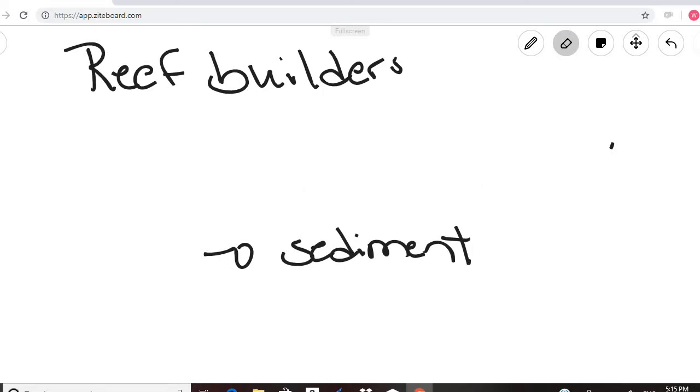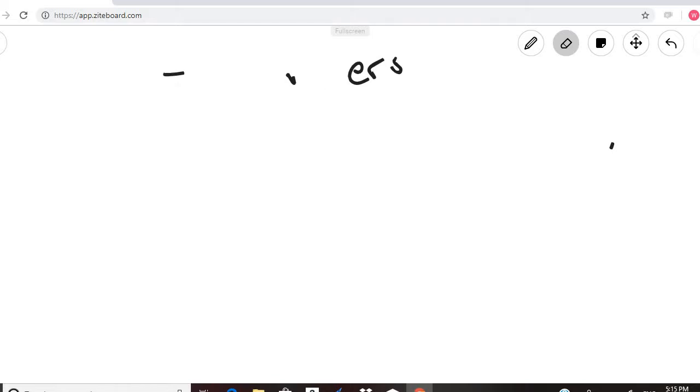Let's talk now about how the reef is formed and how it grows.